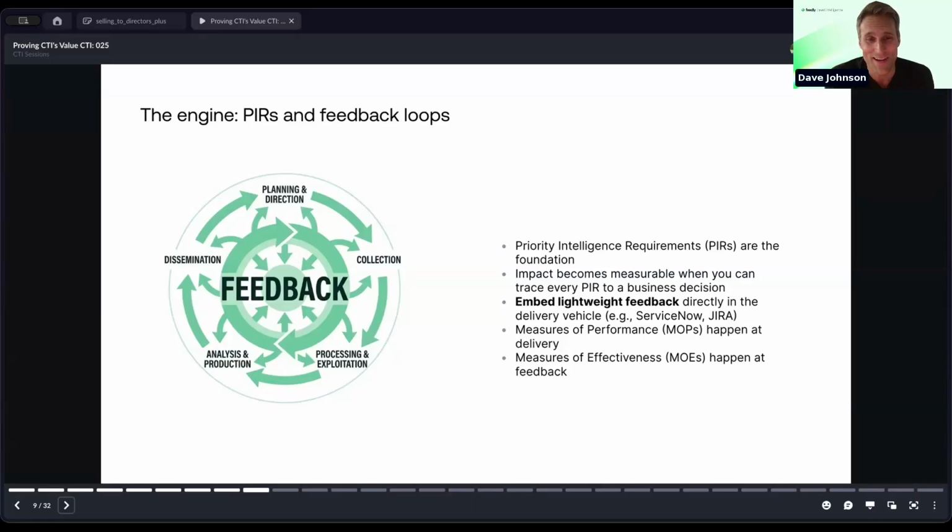If your stakeholders can work in the systems they already work in and don't have to go to a completely different system to provide feedback, and that feedback is nested in the deliverable in a simple question, that's one of the best things you can do.